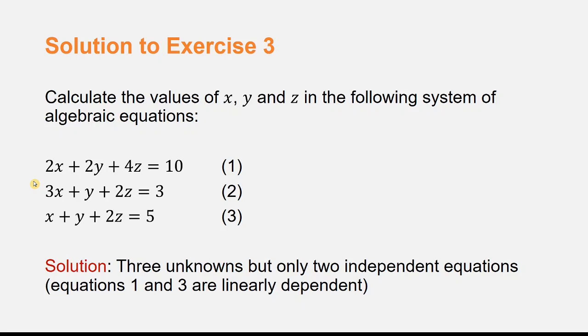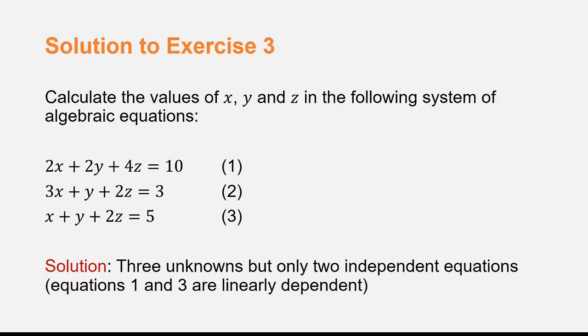You cannot, because there are only two independent equations. Equations 1 and 3 are linearly dependent. You'll get equation 1 if you multiply both sides of equation 3 by 2. But you need three independent equations to solve for all three unknown variables.